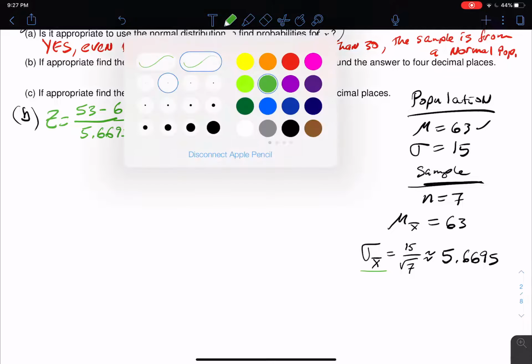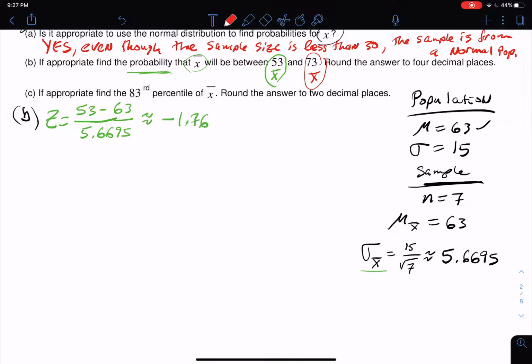Let's try another one. We need this other z-score. This other z-score is going to come from our sample mean of 73. So 73 minus a mu of 63 divided by the standard deviation of the sample means, 5.6695. That stays the same.